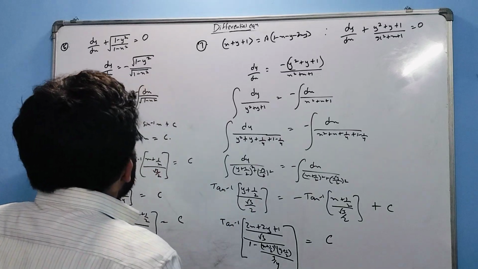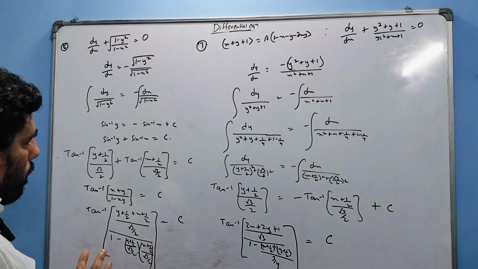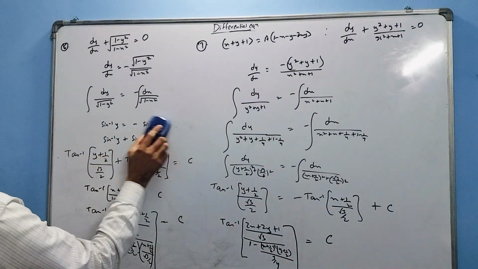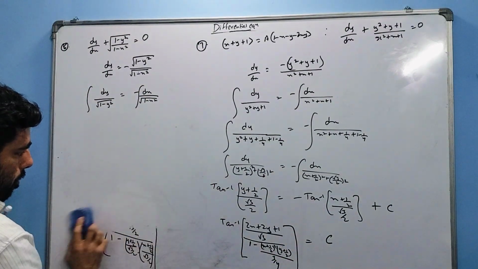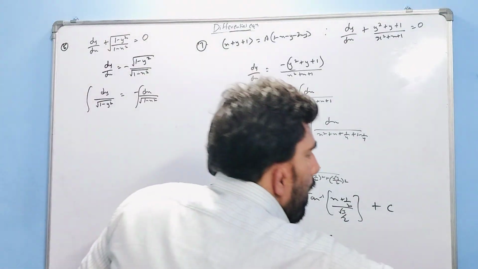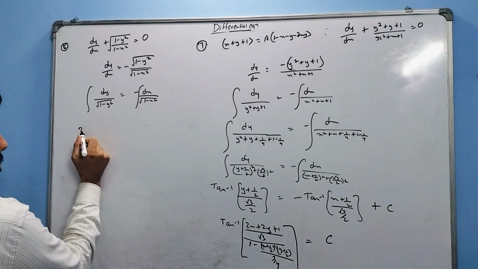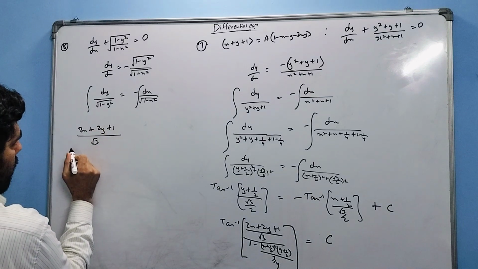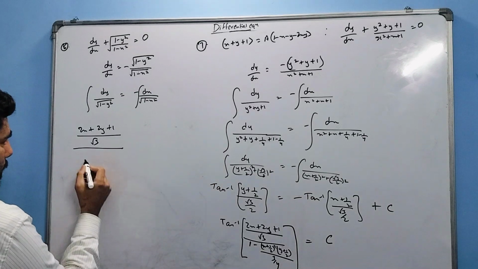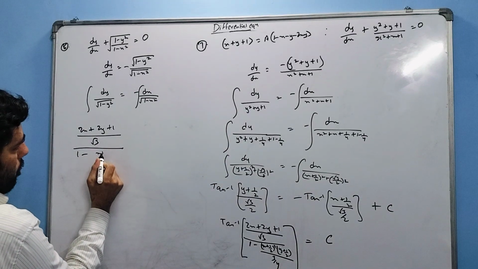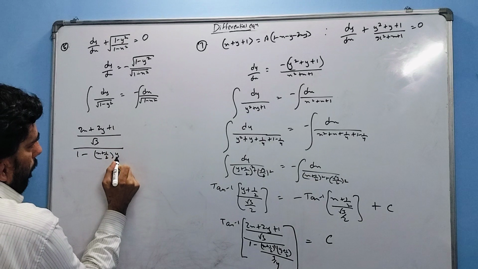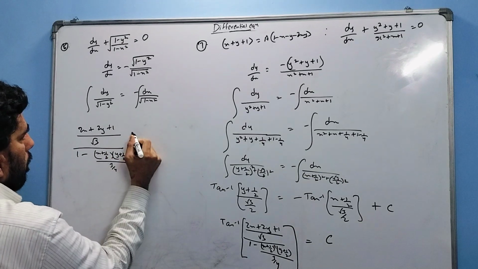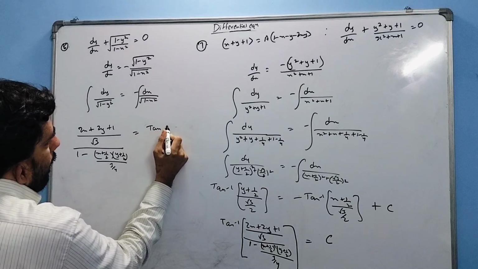So now what I can do here, in a very simple way, we'll take that tan that side. Okay, so what will happen, we have this (2x plus 2y plus 1) upon root 3 upon, we have this 1 minus (x plus half)(y plus half) upon 3 upon 4 is equal to tan c.